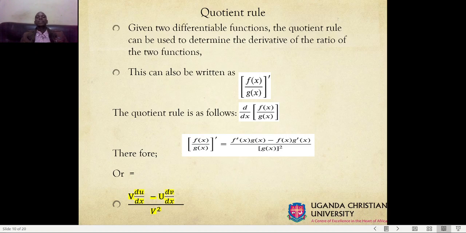In simple terms, the down one will multiply by the derivative of the upper one, and then you subtract the upper one multiplying by the derivative of the down one, then divided by the down one squared.